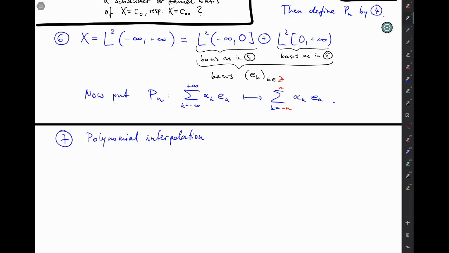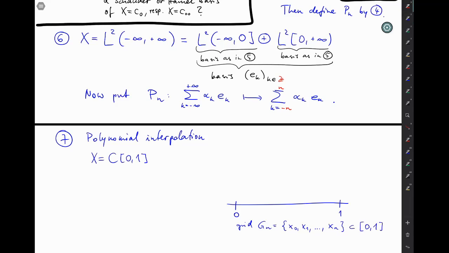So let's take X equal to the set of continuous functions on maybe the unit interval from 0 to 1. And let G_n denote a so-called grid of points x_0, x_1, and so on until x_n, somewhere in this interval from 0 to 1.